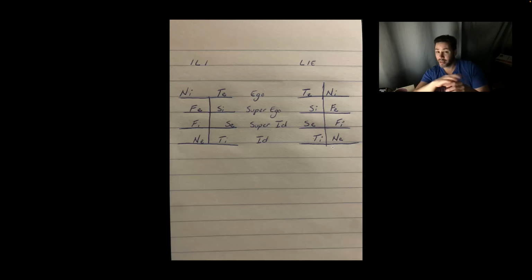So yeah, and again, that's another reason why the LIE can look like an ILE or some other explorational type, right? Whereas the ILIs, that's not common. ILIs, if they move from one job to another, it's because they saw that there was a clear benefit in this job. Look, this job was going to pay me more, or it's going to give me a better lifestyle than the previous job I had, so I'm going to make that jump.